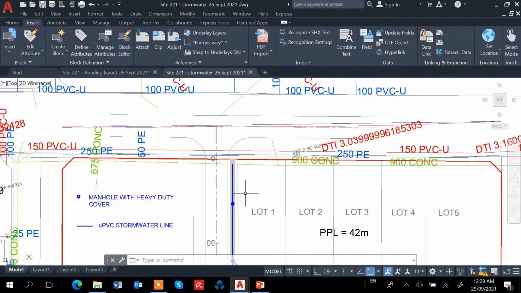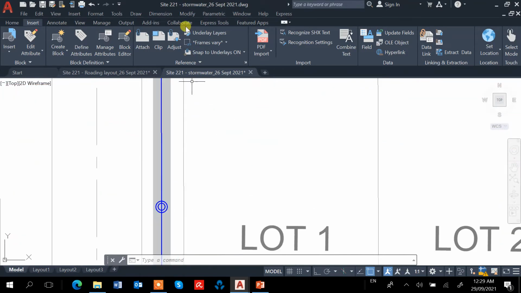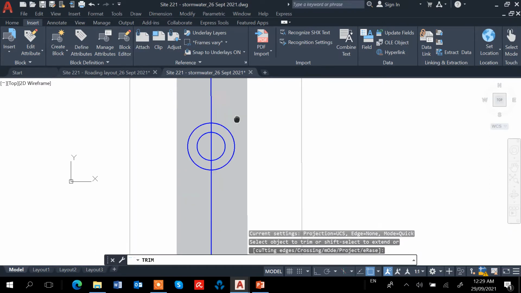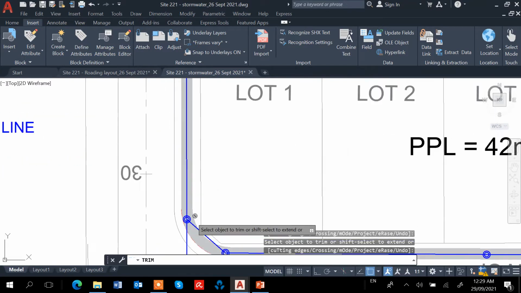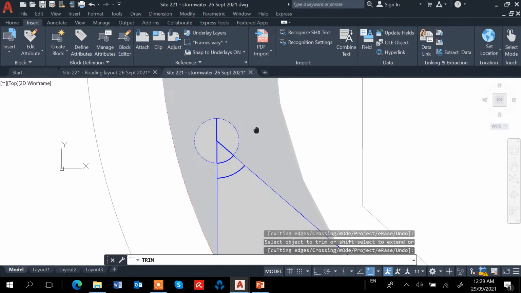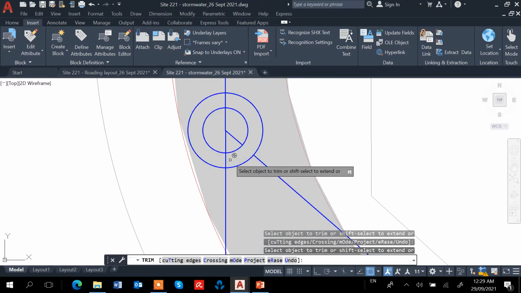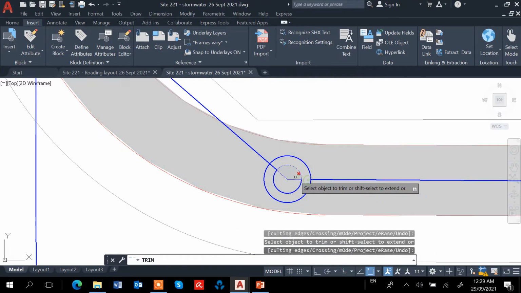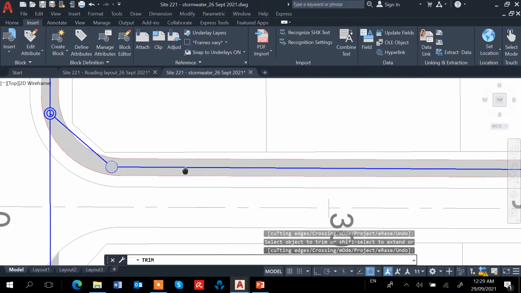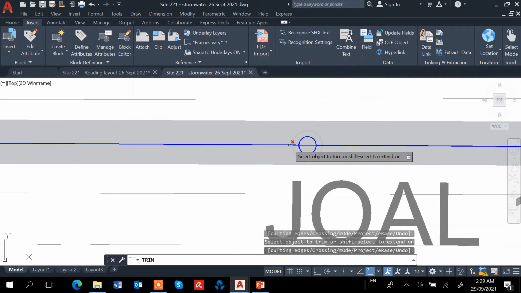the concrete drain. So I just need to trim, let's trim this one. Okay, just trim the inside one. I can just erase, I don't need to trim. Okay, so I trim.